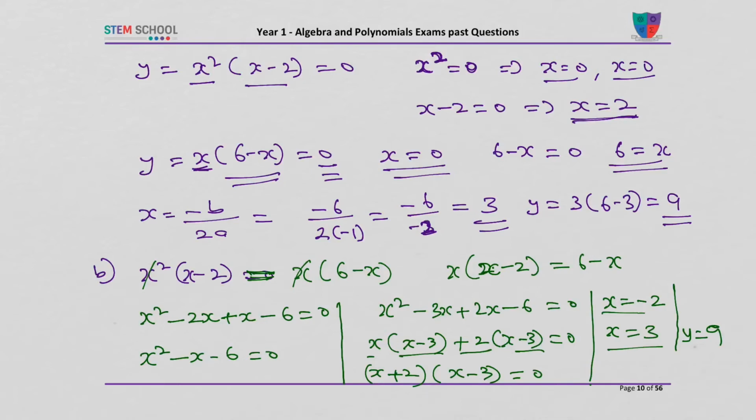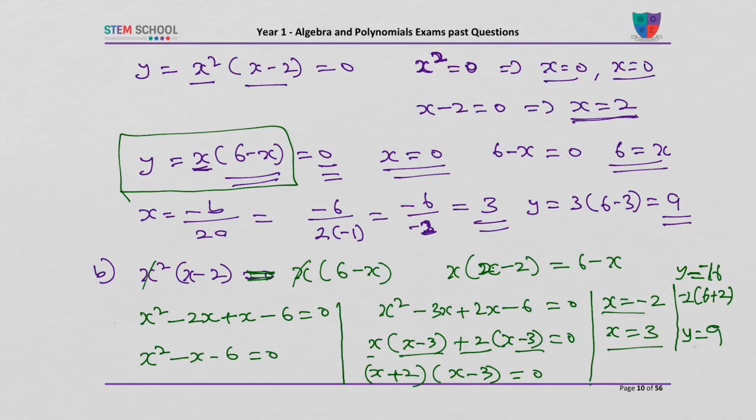I'm going to use minus 2 in x(6 + x), so 6 plus 2 is 8. 8 times minus 2 is minus 16. So y will be minus 16.